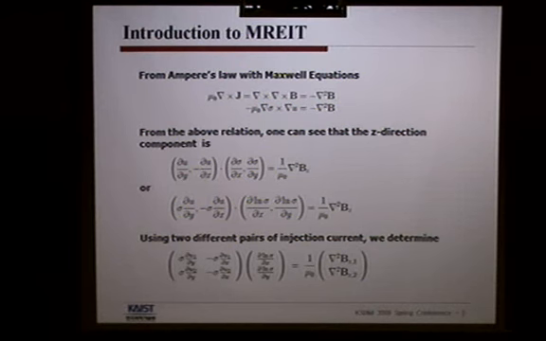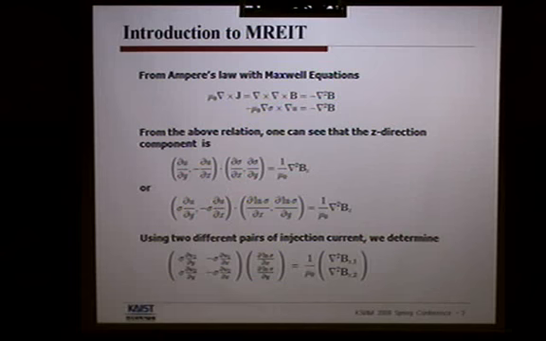Note that here we have a second derivative, this is the Laplacian. From these relations, we look at only the z direction component. Then we have this simple equation. You put the sigma here and divide by sigma, and then you have this. This is actually the curl of the current density Z.